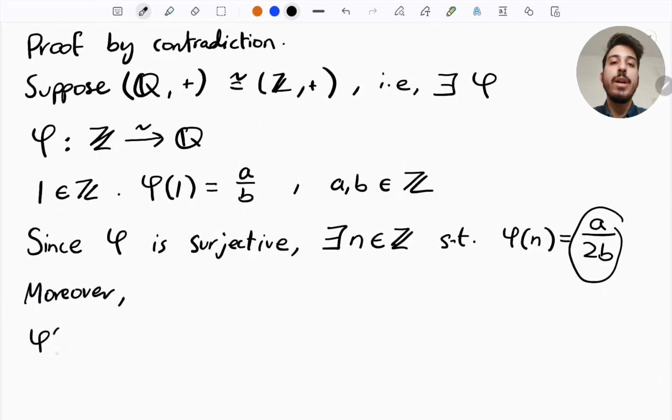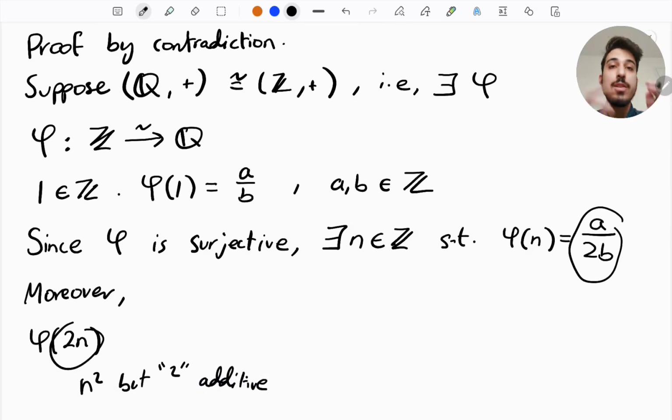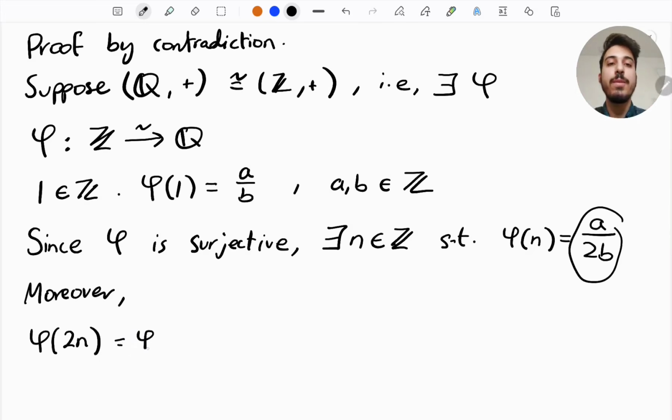Moreover, phi of 2n, so basically this is n squared, but the squared here is additive, so it's written as 2n. Remember, the multiplication here, 2n, just means the element plus itself. So this is equal to phi of n plus n, because the operation is plus.